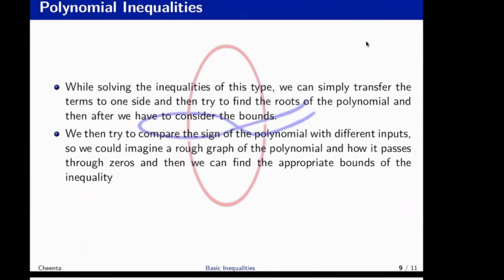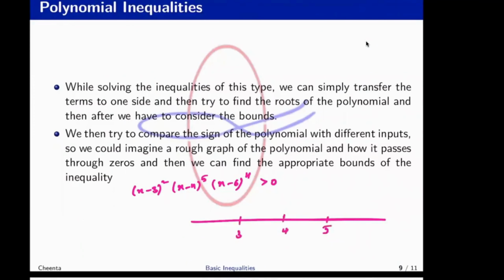First, suppose we have x minus 3 whole square times x minus 4 whole power 5 times x minus 6 whole power 4 greater than 0. We plot the roots in ascending order, and try to keep one value less than 3, one greater than the largest root, and values in between, and see the signs here. For every odd power the sign will change, and for every even power the sign remains constant.